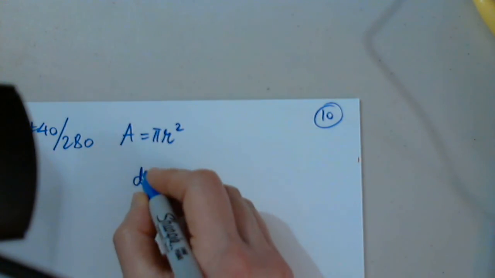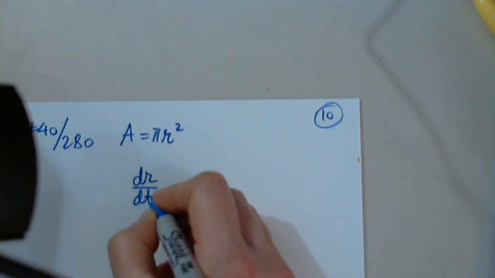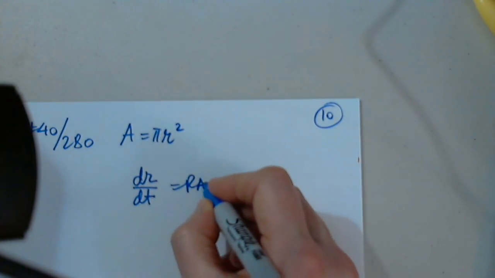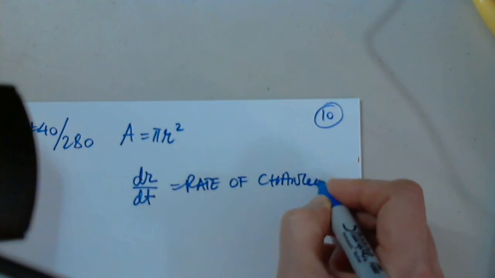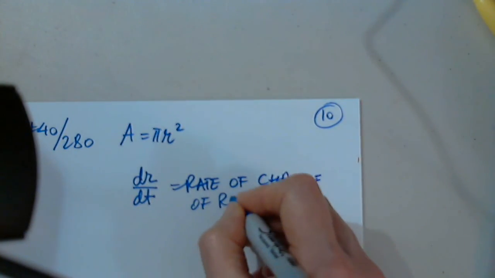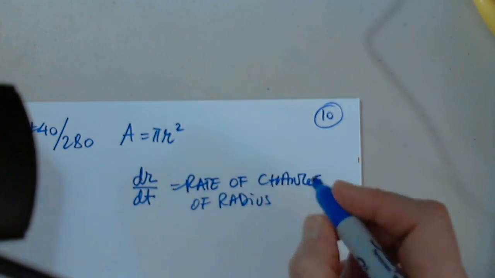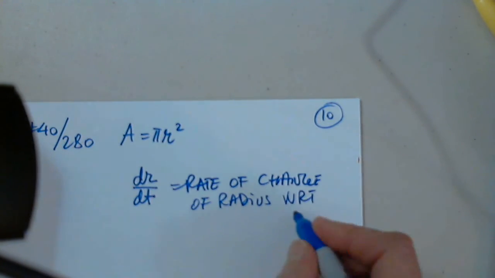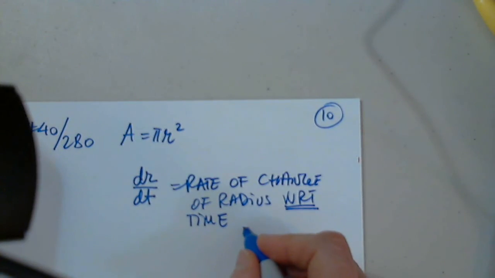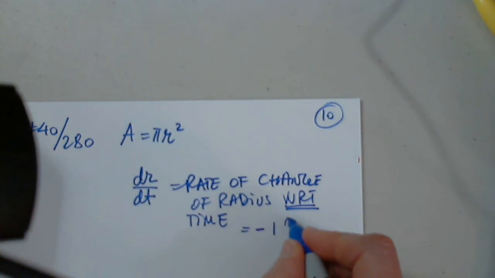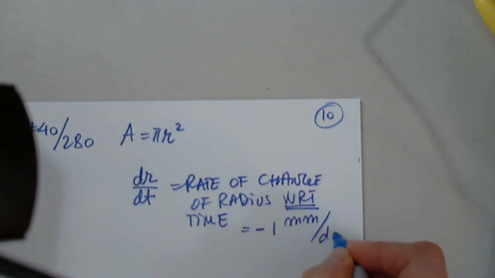So dr over dt is the rate of change of radius with respect to time, given to us as -1 millimeter per day.